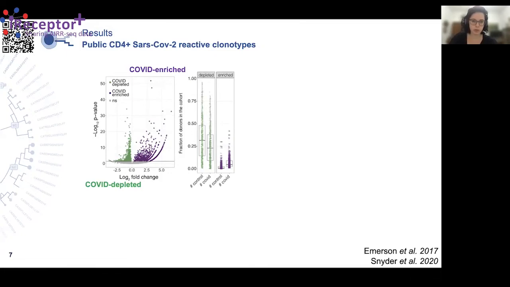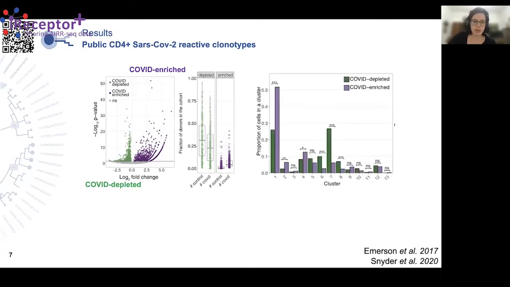Most of these COVID enriched clonotypes that we retained are found in at least 100 individuals. And when we cross-referenced with the single cell dataset, which contains just 50 people all in all, we found multiple people that had the same beta and in some cases even the same alpha chain, or a sequence differing by just one amino acid, for example.